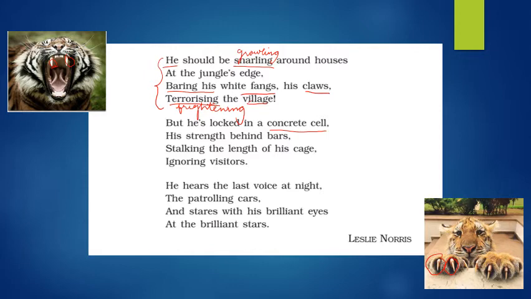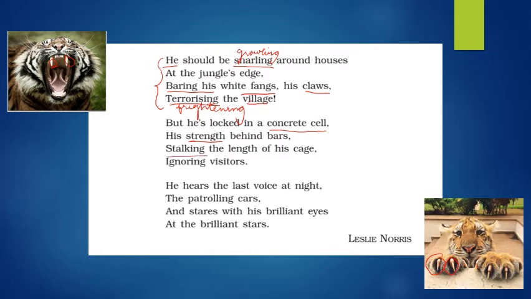Not only the tiger is locked inside the cage, but also its strength. When it is helpless, though it has more strength and power, when it is locked inside the cage, it cannot show its strength, and that's why the poet says its strength is behind bars.